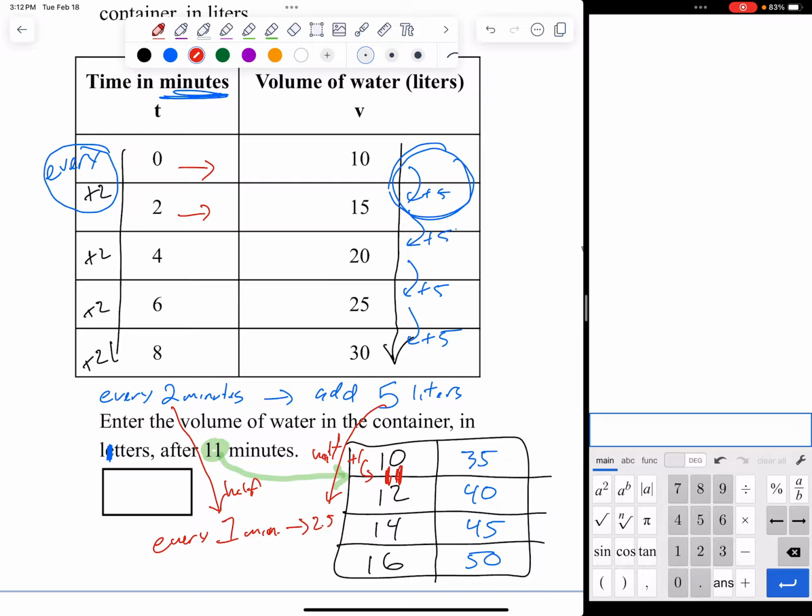So now I'm going to say plus 2.5 to get to the 11. So 35 plus 2.5 is going to give me 37.5 liters. So hopefully you could see that. Okay.